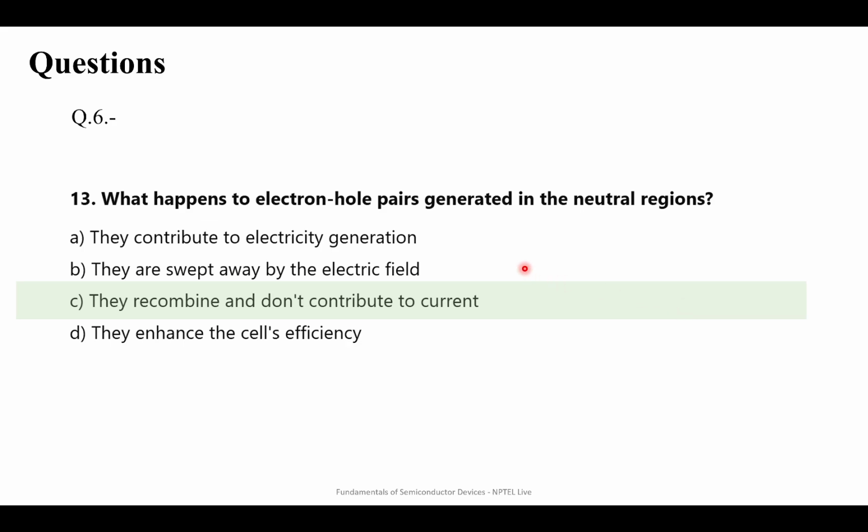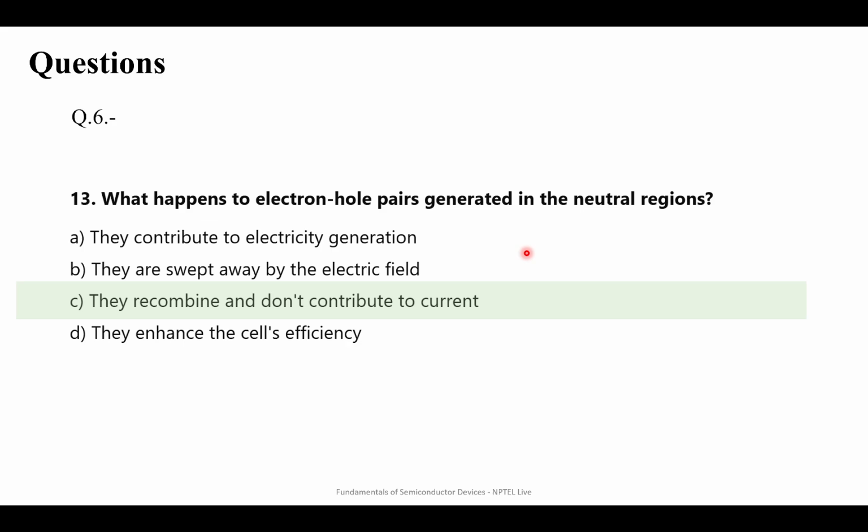Sir, can you repeat one more time? If you take a p-n junction, there are basically three regions: p-type region, depletion region, and n-type region. In the depletion region, there's a built-in electric field, but the p-type region and n-type region follow charge neutrality. There's no built-in electric field there.